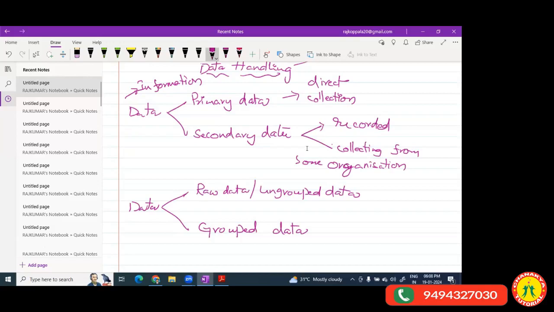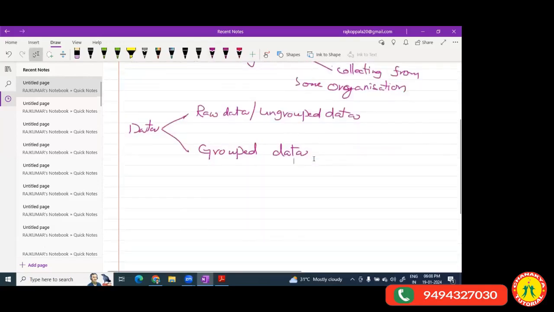If I write for 20 marks: 10, 15, 9, 6, 20 out of 20, otherwise 16, 17, 18, 19, 14. These are the data regarding your marks. This is called raw data.